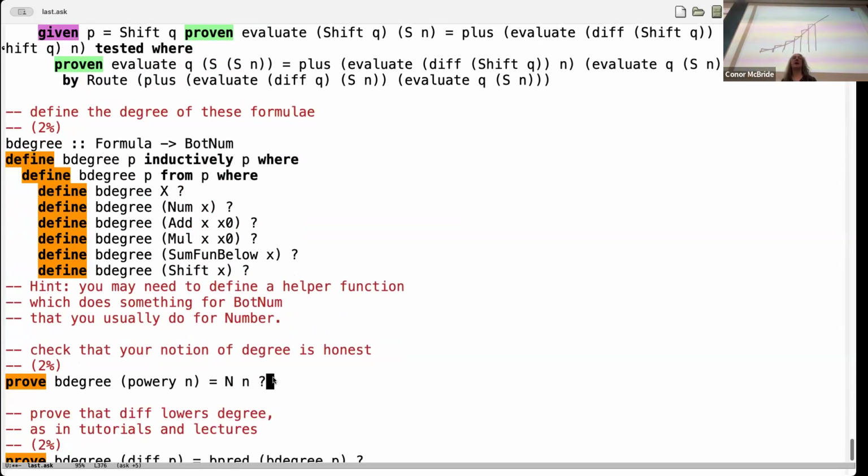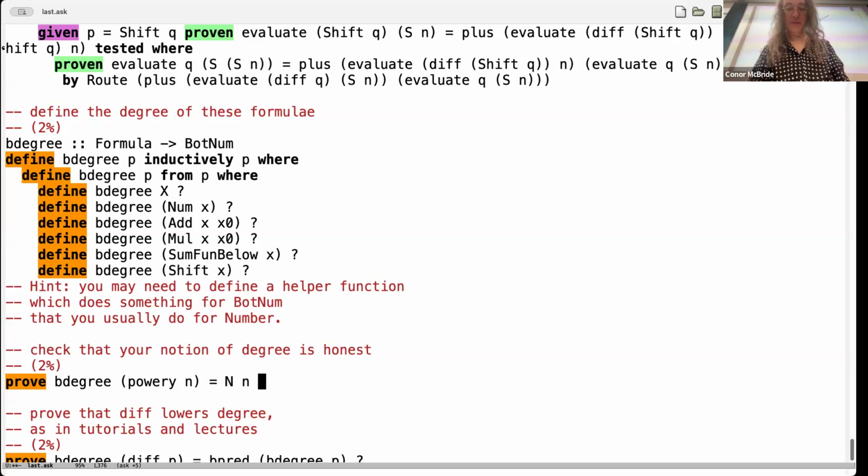This is just by way of saying that the notion of degree does the right thing with powers of the variable. It should be a surprise to nobody that there's one variable here. Power is defined inductively on that variable.